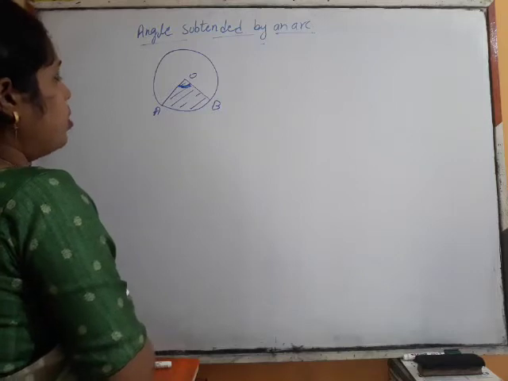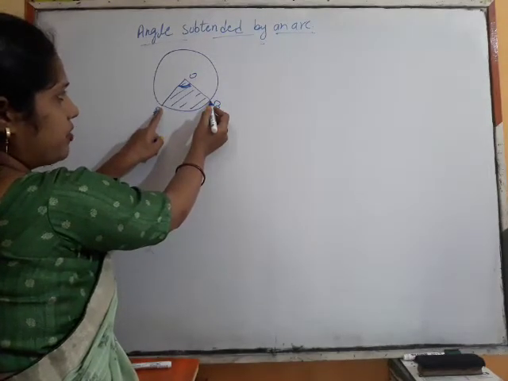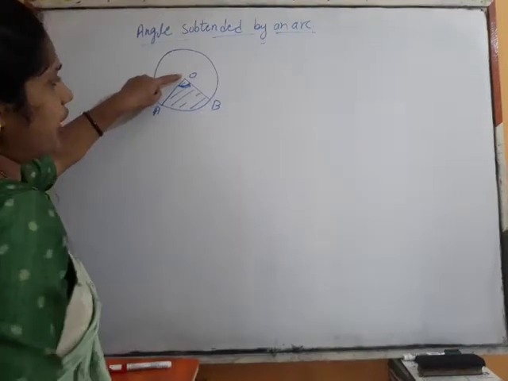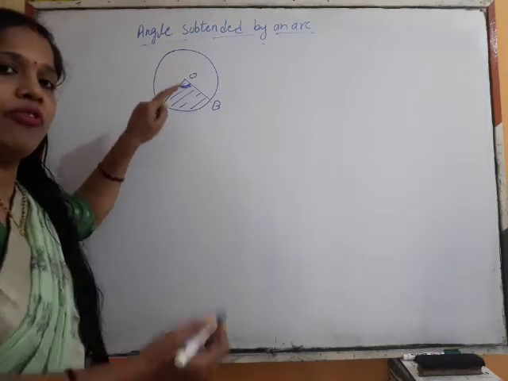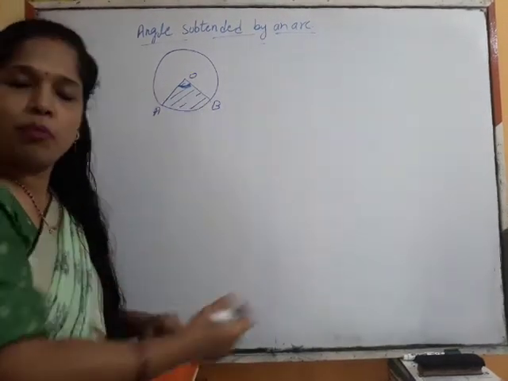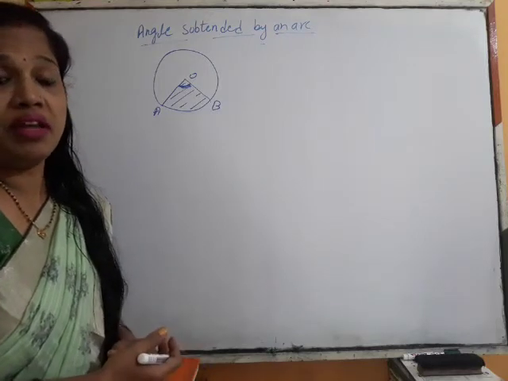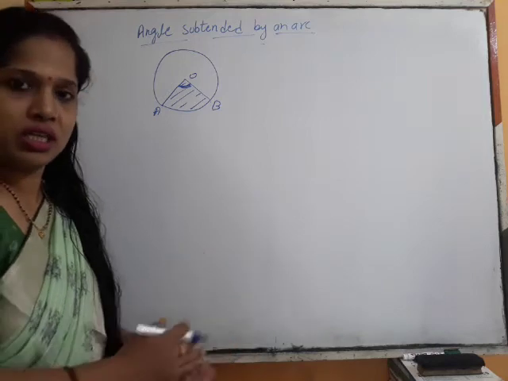Now these are the end points of the arc. When they are joined at the center, it is subtending an angle at the center. So if we join both the ends of the arc to another point on the circle, the point can be anywhere. The point can be inside, outside, or on the circle also.